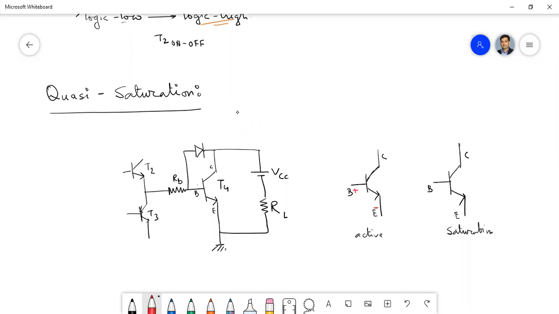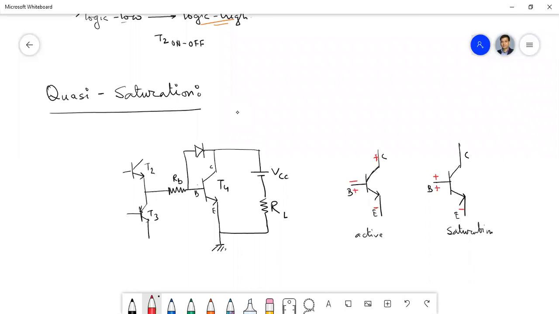What about the collector base junction in the active region? Collector is positive, base is negative, so the collector base junction is reverse biased. What about saturation? The base emitter is the same and the collector base will be forward biased.